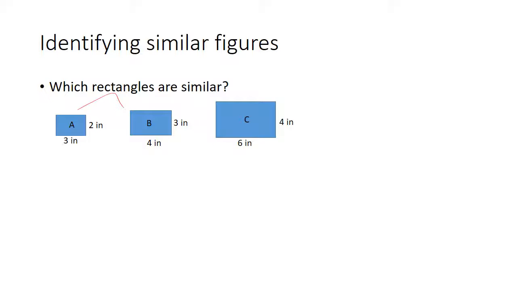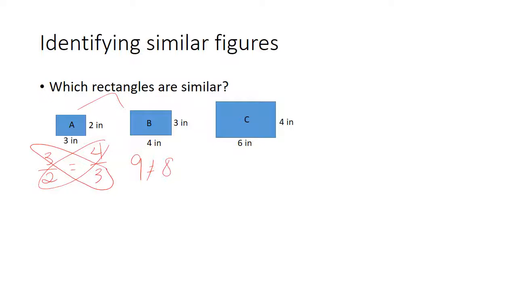A has a 3:2 ratio. If these are similar, then this should be 4:3 and they should match. Let's do our cross product. 3 times 3 is 9, and 2 times 4 is 8. Those don't work, so A and B are not similar.